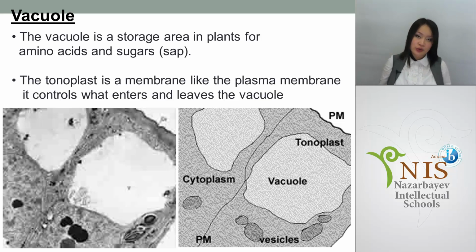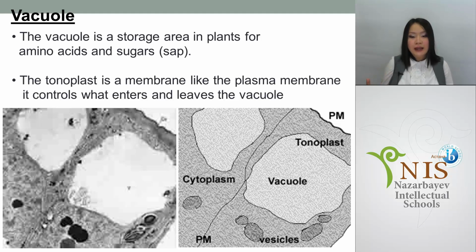We could find the vacuole in both animal cells and plant cells, but the difference is that in plants, mostly in an old, adult plant cell, the vacuole usually is central and big, but in animal cells it is mostly small, and there could be some, not one big vacuole.